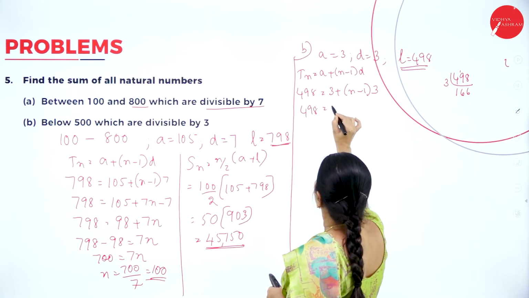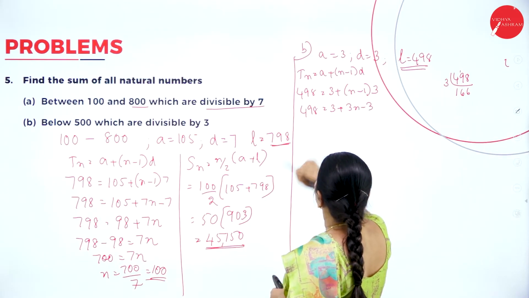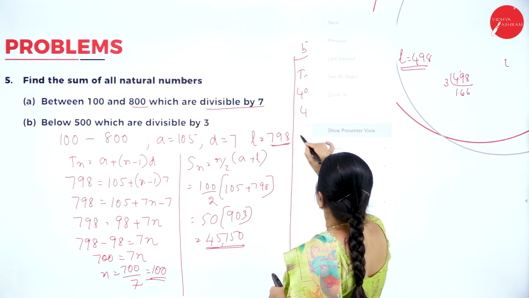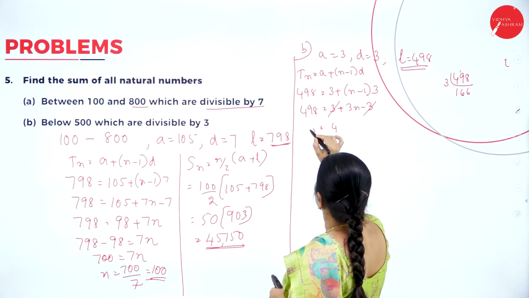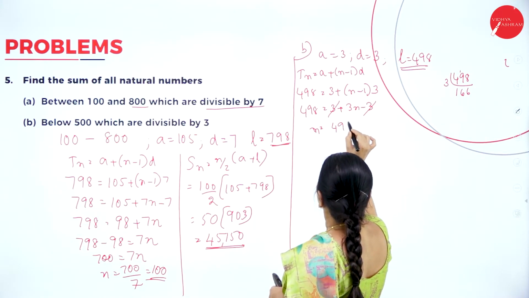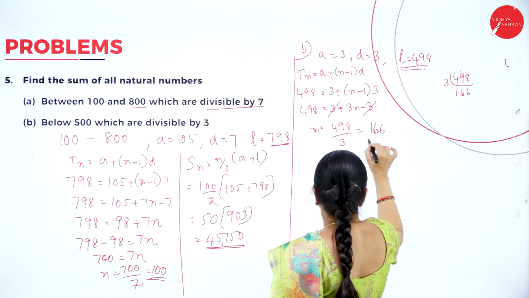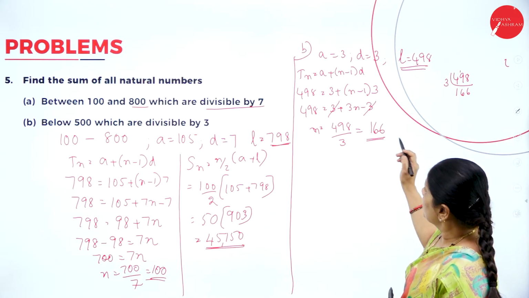So 498 equals 3n minus 3 plus 3, so the minus 3 and plus 3 get cancelled. n equals 498 divided by 3, which comes to 166.